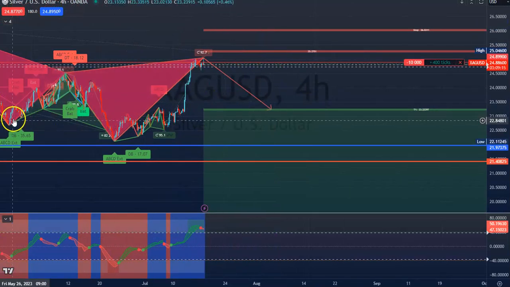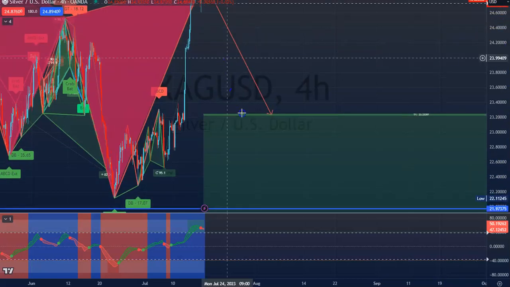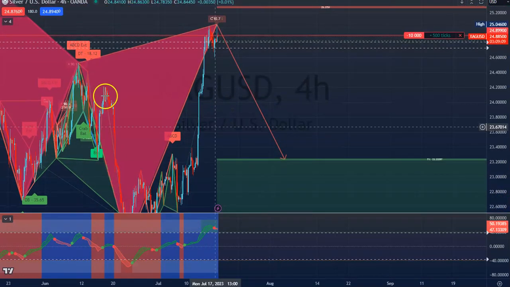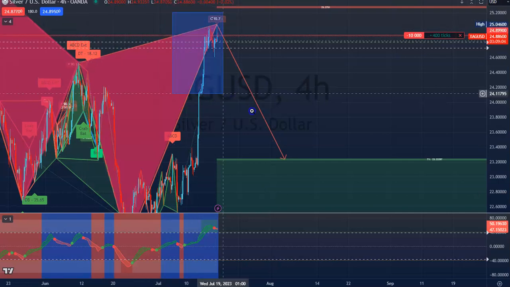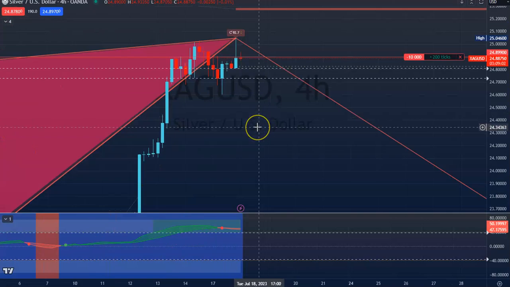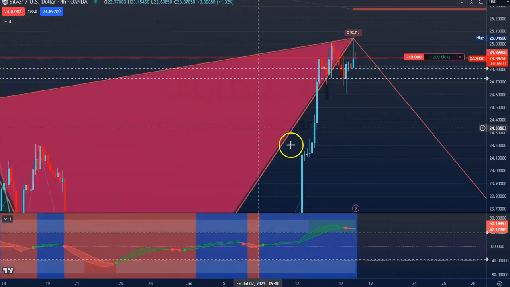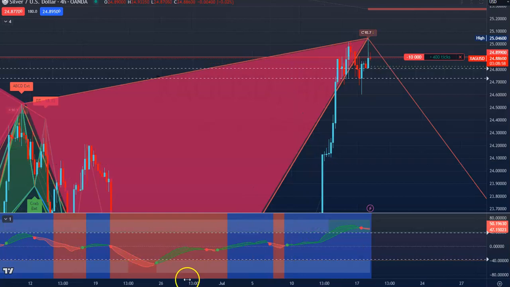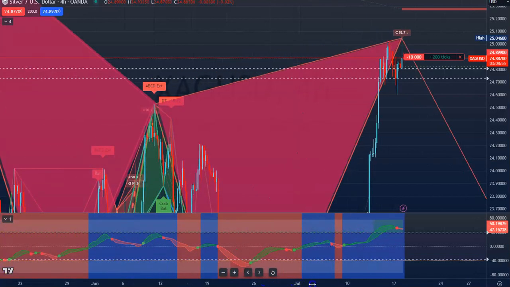Hold up. Let's see if I can zoom in, make this bigger. I'm going to squeeze it together so you can really see this part I'm talking about.